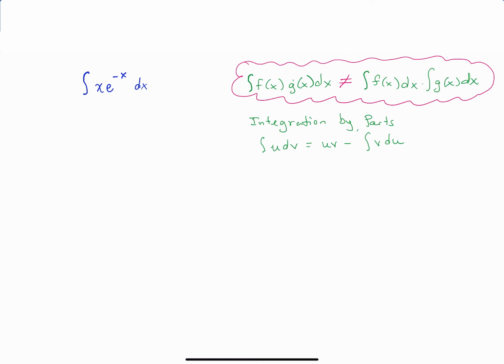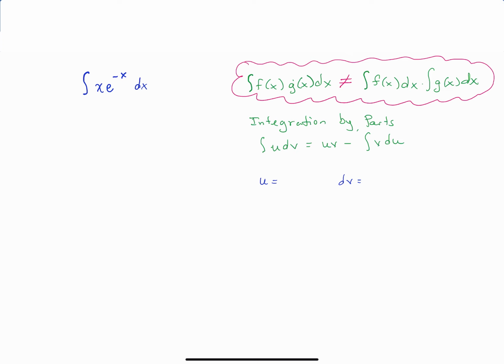So we have to start out by deciding what is our u going to be and what is our dv going to be. Now when we use the v, notice that we're going to have to get from dv to v, because our formula includes not dv but v. In other words, we're going to have to integrate our dv. So we need that to be something we can integrate, and ideally it shouldn't be something that makes the problem more complicated.